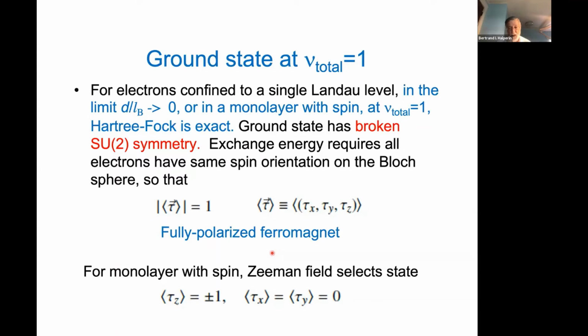And of course, if it's completely ferromagnetic and you have a Zeeman field in the z direction, the Zeeman field will immediately force all the electrons to line up with the magnetic field or opposite to the magnetic field, depending on the sign of the g factor. And so you get tau z equals plus or minus 1, and tau x equals tau y equals 0. So all the electrons have one spin or the other, or one layer or the other layer.